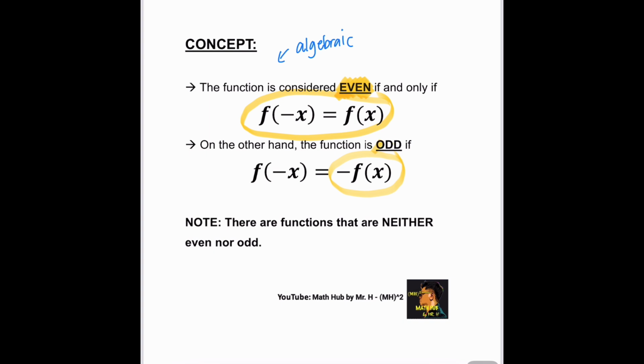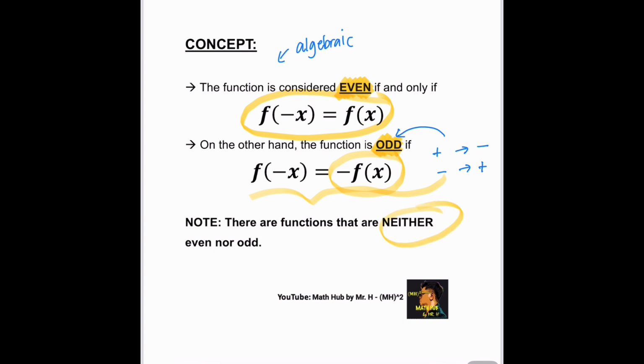That's why you have here f of negative x is equal to negative f of x. There are times the given functions are neither even nor odd. If neither of these two is followed, definitely we're looking at a neither even nor odd function.